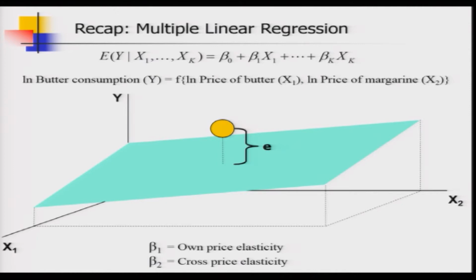But note that the original observations on x1, x2 and y are such that the observed bundle x1, x2 and y, that point may not lie on that surface. That kind of a point is denoted by this yellow circle here.